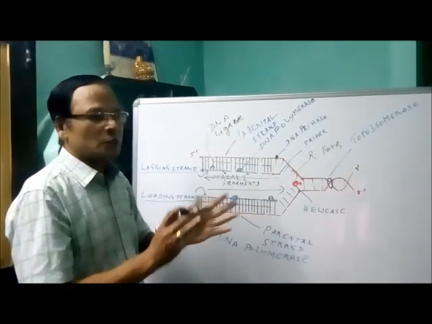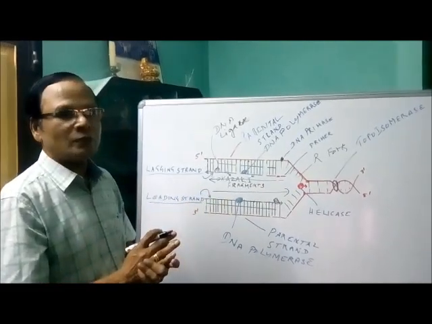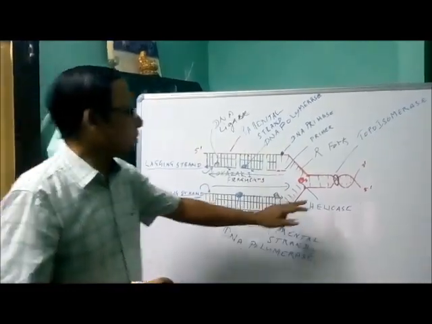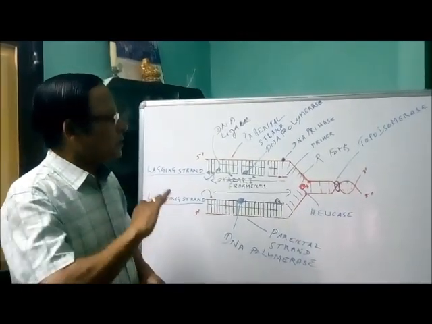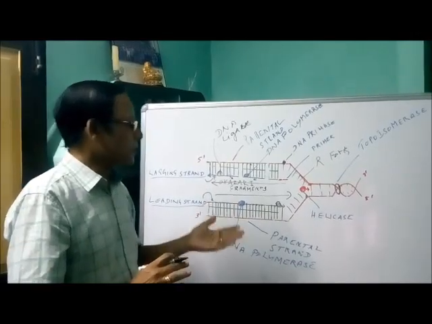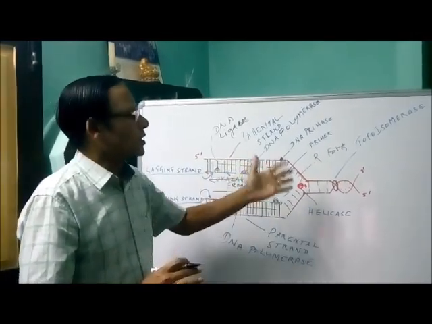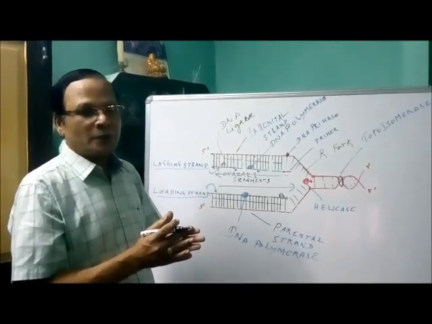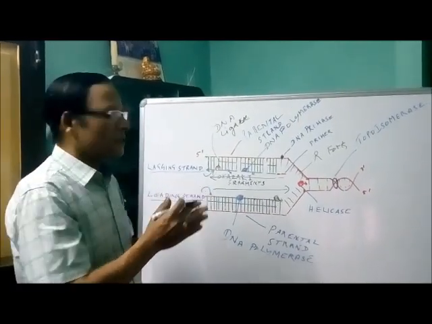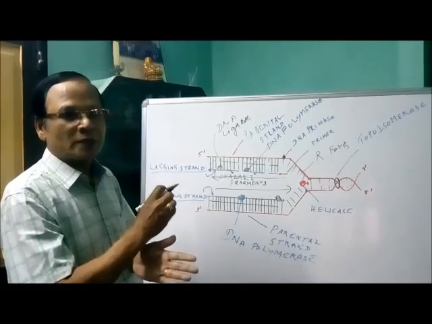The helicase is responsible for separating the 2 strands by breaking the hydrogen bonds, and the topoisomerase is responsible for untwisting the segments lying above the replication fork. So, this is a semi-conservative method of replication. I am drawing this diagram for your reference to draw it in a simple way.